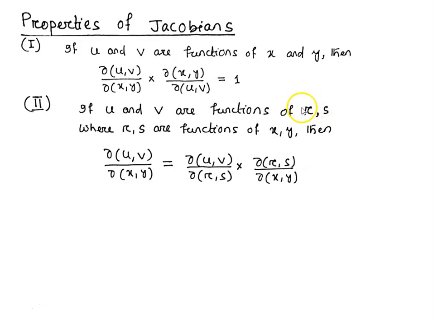Further, these two variables r and s are functions of the other two variables x and y. So the Jacobian of u, v with respect to x and y is nothing but the product of these two Jacobians: the Jacobian of u, v with respect to r, s into the Jacobian of r, s with respect to x, y. This property is known as the chain rule of Jacobians.